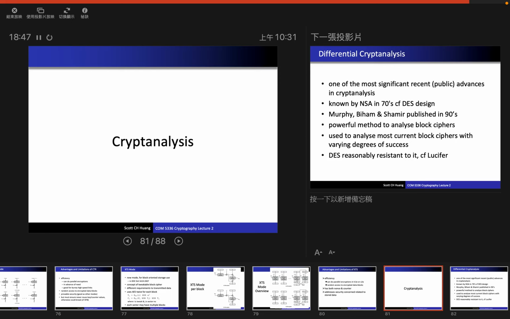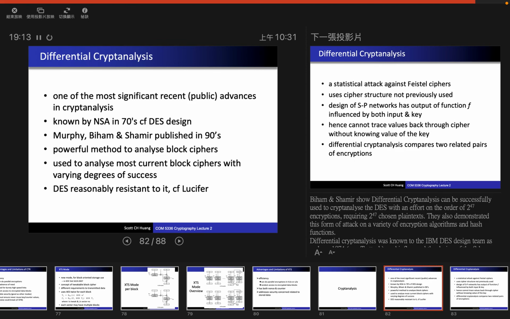It's a huge area that lots of people do research on, because in the community of cryptography there are tons of hackers trying to crack those ciphers. Among them, some of the most powerful methods are related to statistics. Statistical attacks are the most powerful.